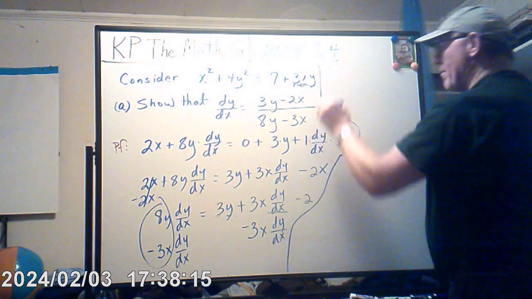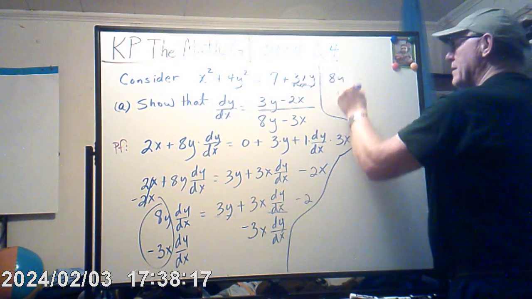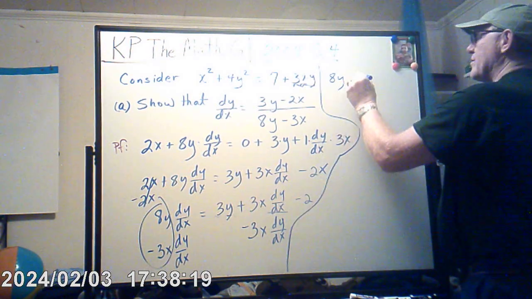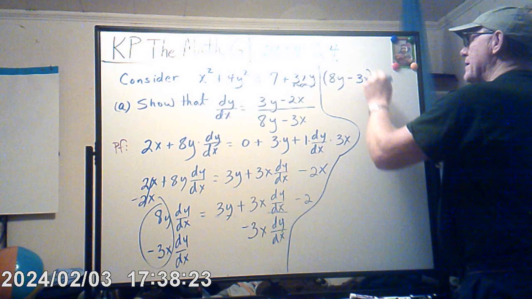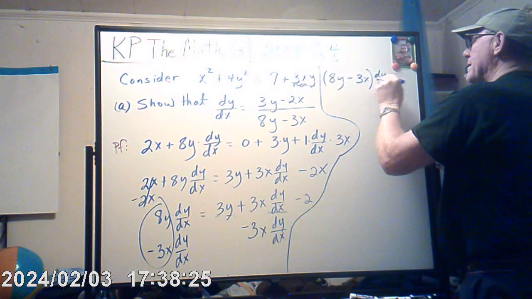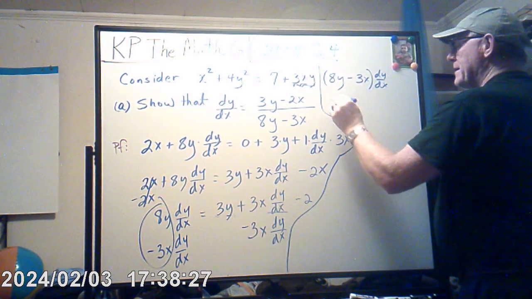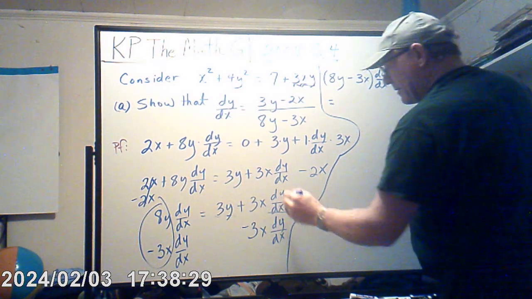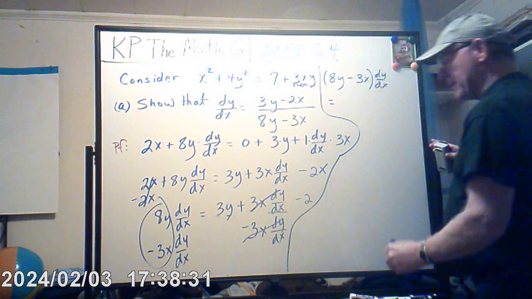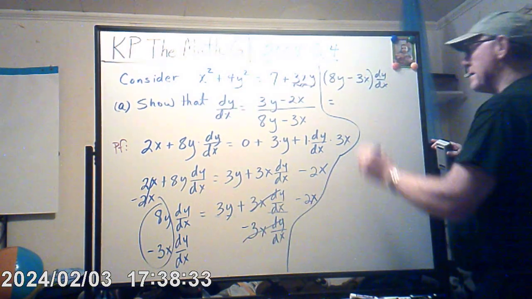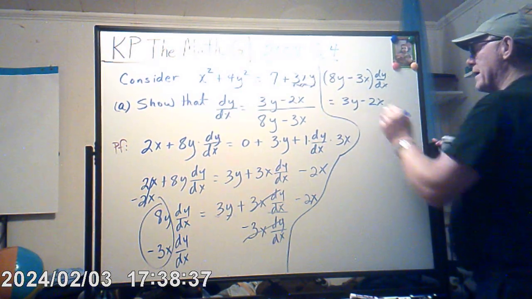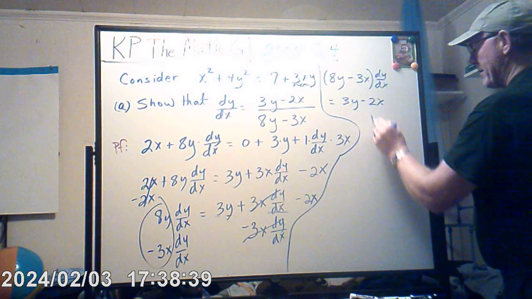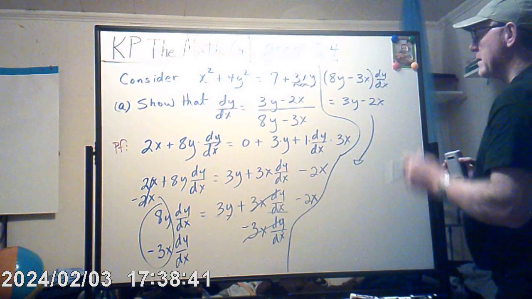Alright, so 8y minus 3x, I just factored that out, times dy over dx is equal to, that's gone, 3y minus 2x.